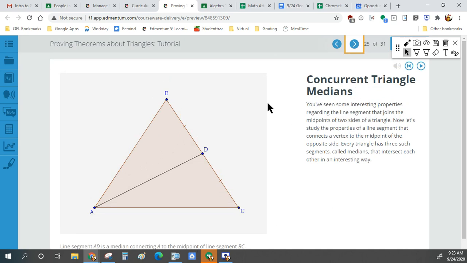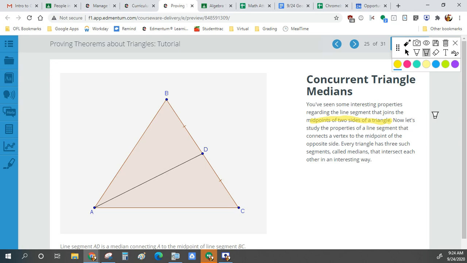The next thing that we're going to say is medians. So a median is a midpoint to a vertex. So median, midpoint to a vertex. So you might want to write that down somewhere or highlight your notes if you're printing out notes. Now let's study the proof.